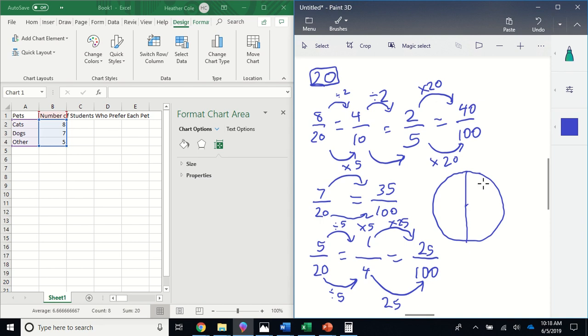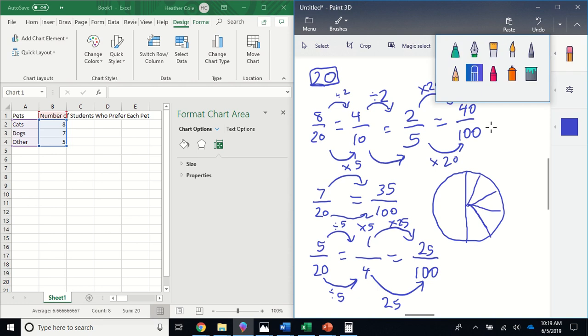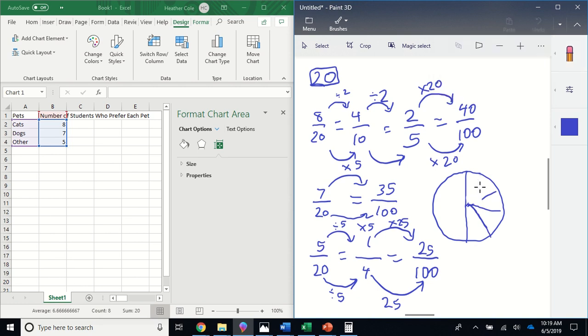And then if I divided this into 5 pieces, that would show me 10%. And this is my 40%, and it's the cat. And then I am going to draw in my 35 1/100ths and my 25 1/100ths.